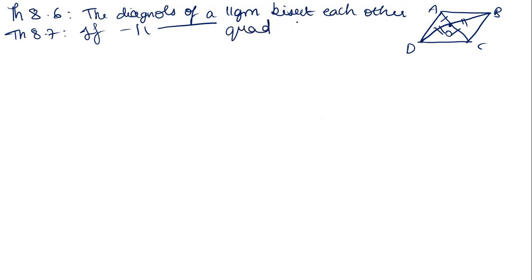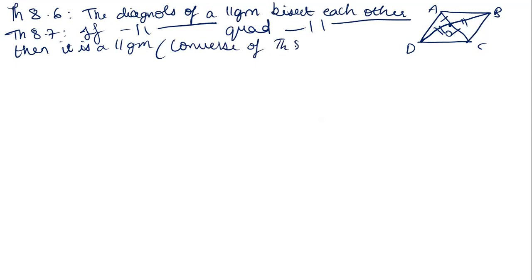If the diagonals of a quadrilateral bisect each other, then it is a parallelogram. So this is a converse of theorem 8.6. So basically, what is theorem 8.6 saying? Diagonals of a parallelogram bisect each other. But here in theorem 8.7, they're saying if diagonals of any quadrilateral bisect each other, then that particular quadrilateral is a parallelogram. Clear?